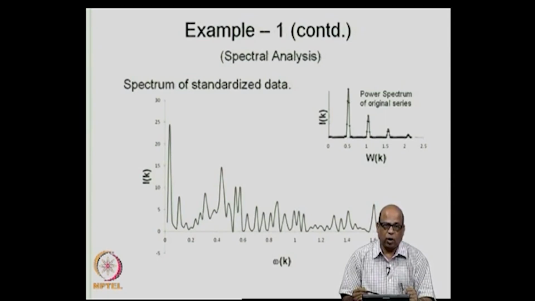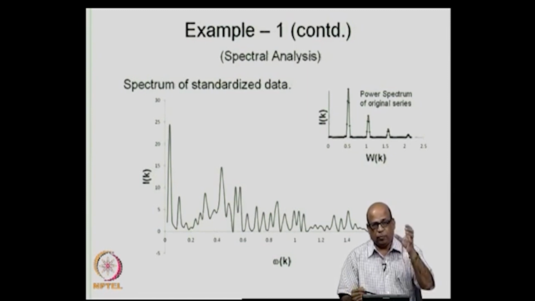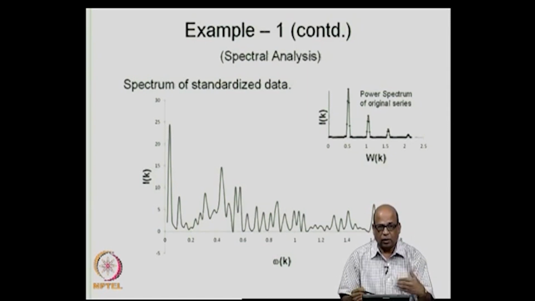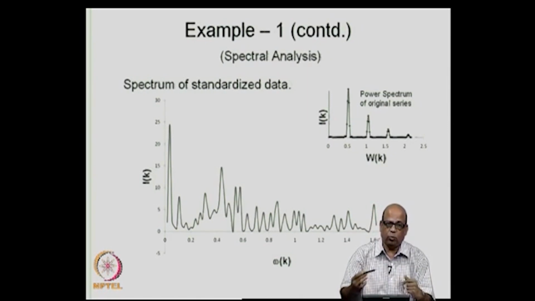For example, if you have daily rainfall data with several zeros and then once in a while it rains very heavily, this may have long term periodicities present in the data. If you then standardize with respect to the daily mean and the daily standard deviation, the long term periodicities present in the data may not be removed.